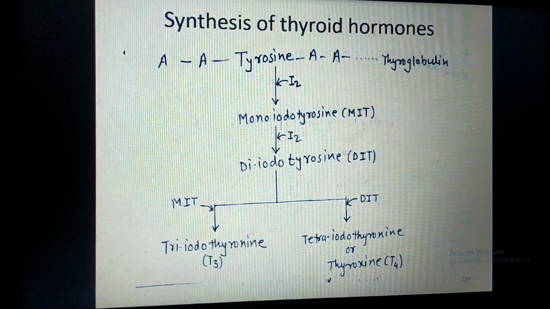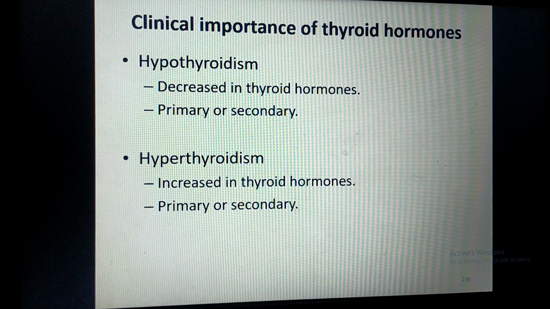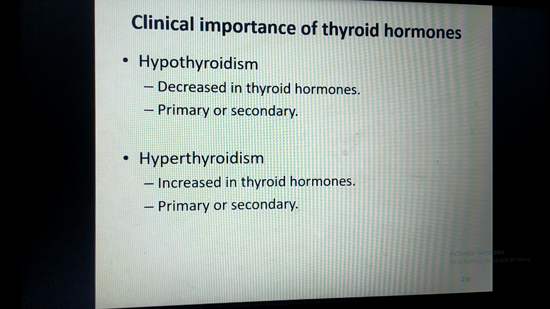Now diseases related to thyroid hormones: hypothyroidism and hyperthyroidism. Details of hypothyroidism and hyperthyroidism will be studied during the thyroid function test. Hypothyroidism means a decrease in thyroid hormones. It may be primary or secondary. Primary hypothyroidism means the thyroid gland is not able to synthesize T3, T4 hormones.